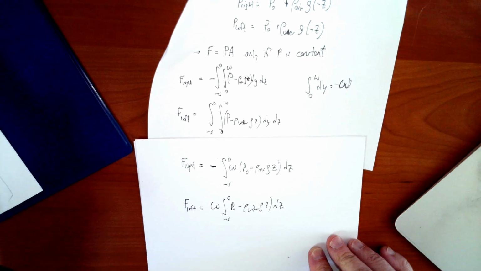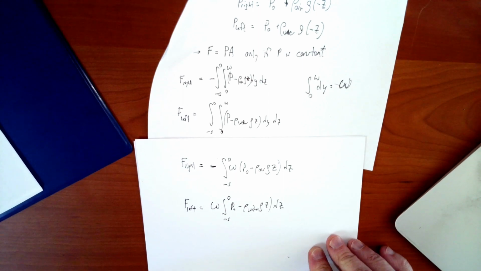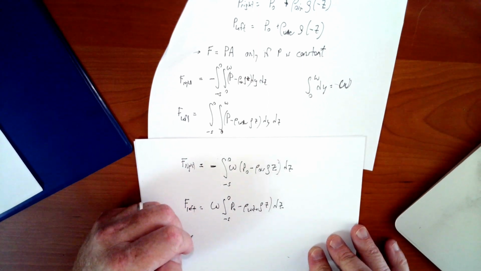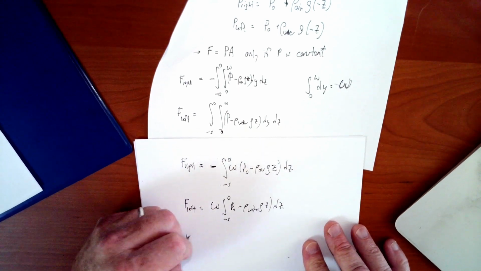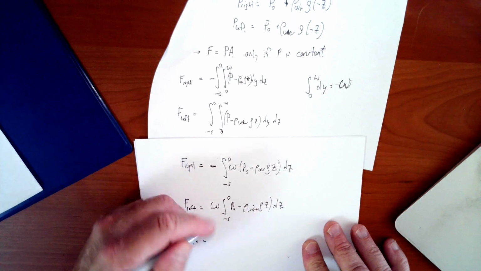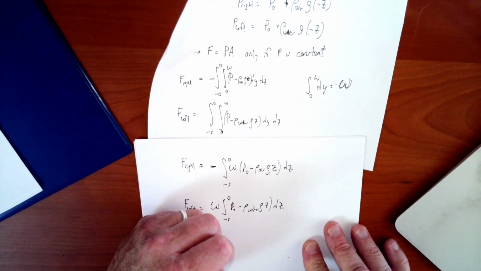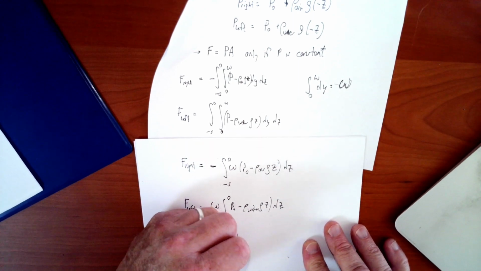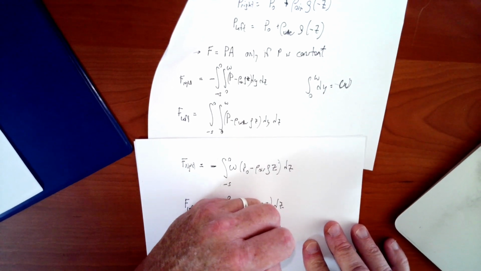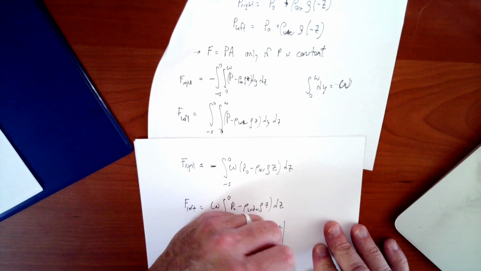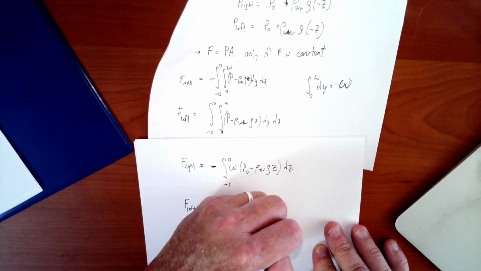I need to just take these integrals. They're very easy integrals to take, so really not a problem. The right-hand force is going to be, I pull that W out, so minus W way out in front, and I've got P naught Z minus rho air G Z squared over 2, all evaluated at negative 5 and 0.